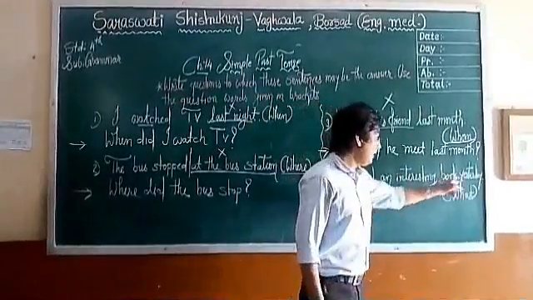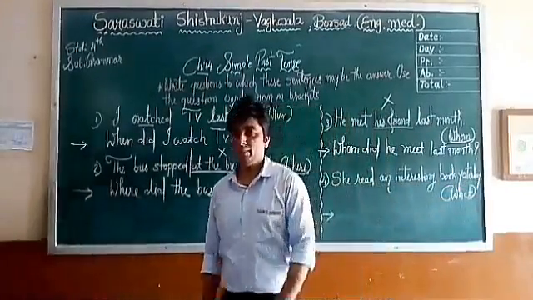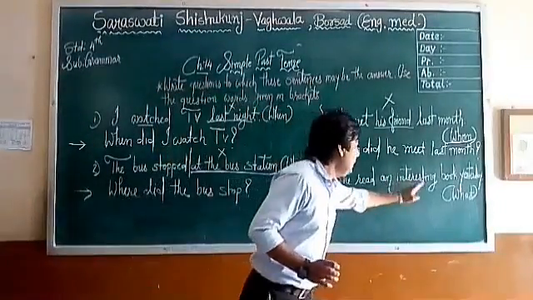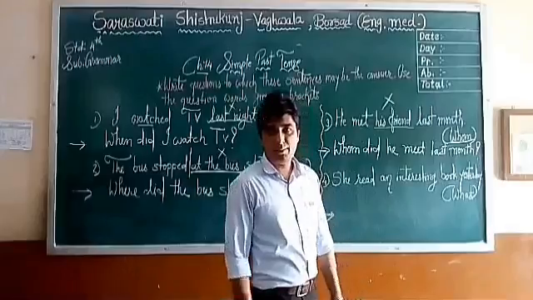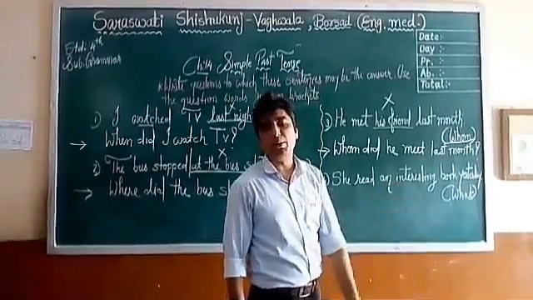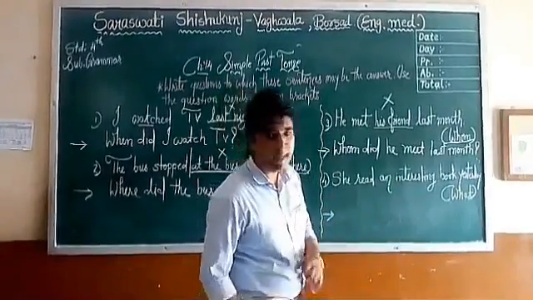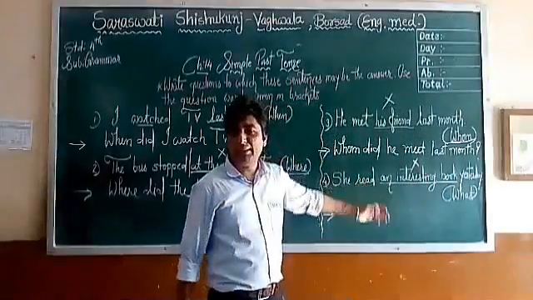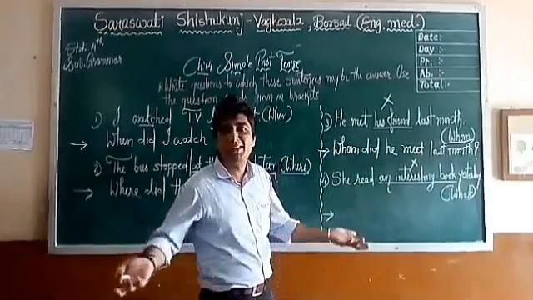She read an interesting book yesterday. What? She read, but what? An interesting book. So an interesting book is our answer. So we will not write it. Alright? What remains, we will mention in our question. Simple.